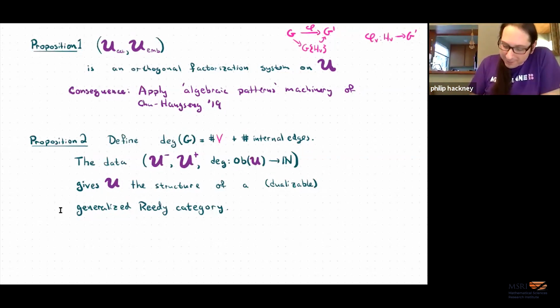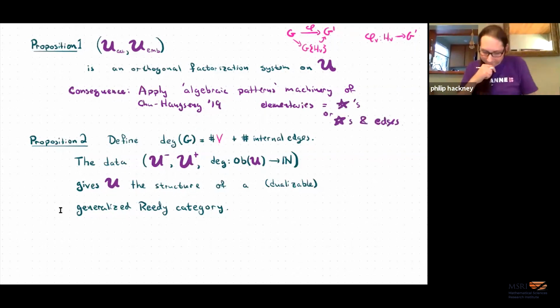If anyone knows about this, you could take your elementaries to be either the stars, or the stars and the edges, and you'll get something nice either way. But this preprint didn't exist when we wrote the paper.